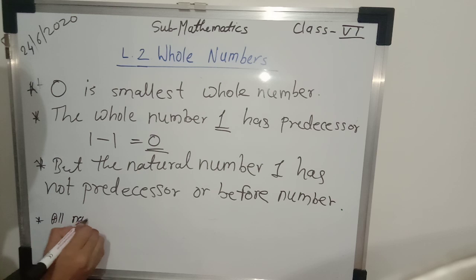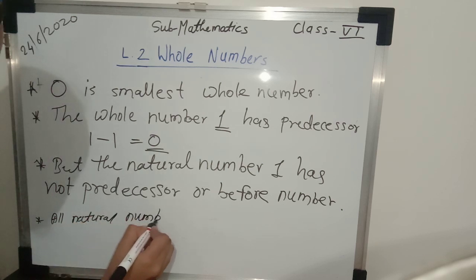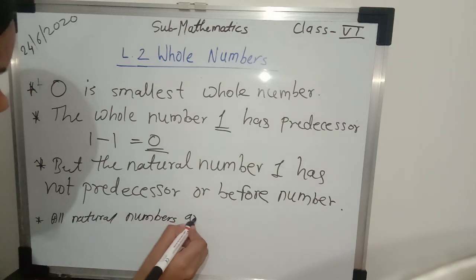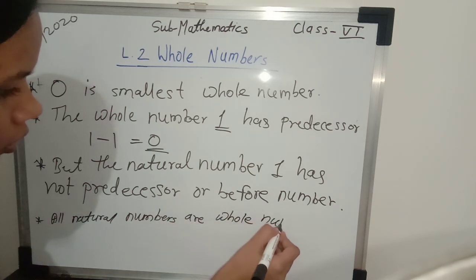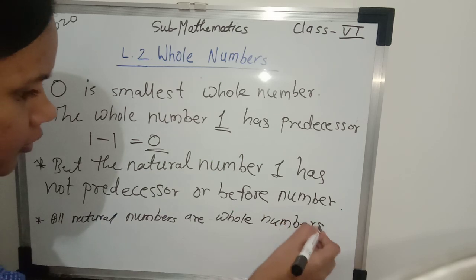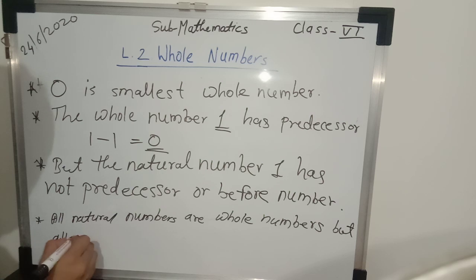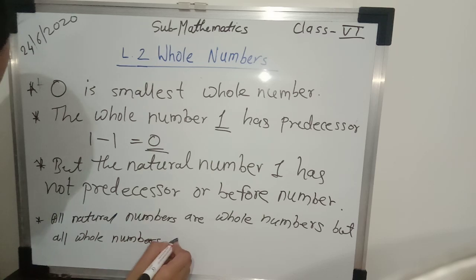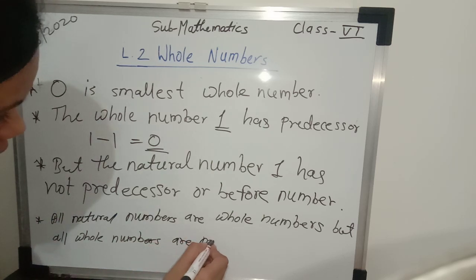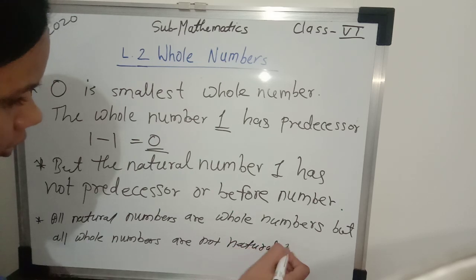So remember, we can say that all natural numbers are whole numbers, but all whole numbers are not natural numbers.